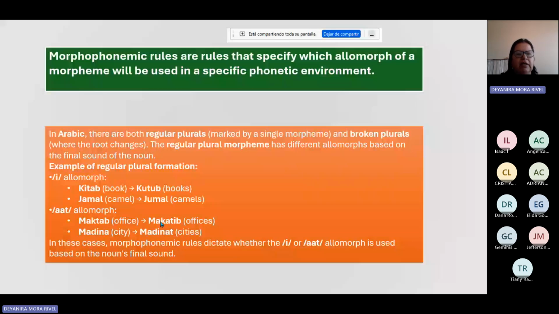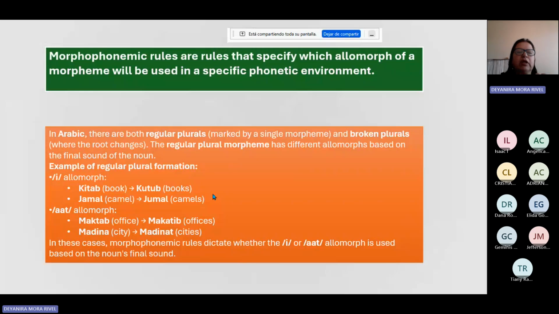So we have the change of the I, and Medina is a city, and Madinat. See, we would have to analyze it, but that's okay. What we're looking at here is a different way of making plurals, and that in Arabic, there is more than one way of making the plural.